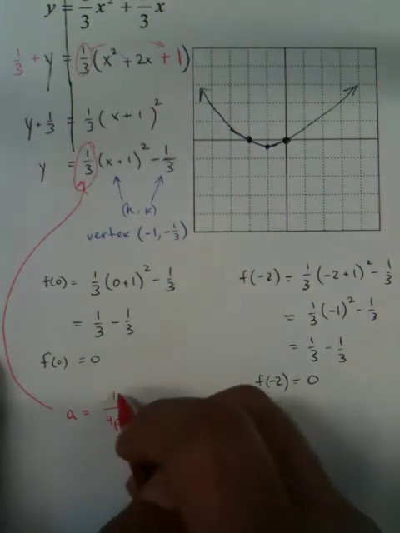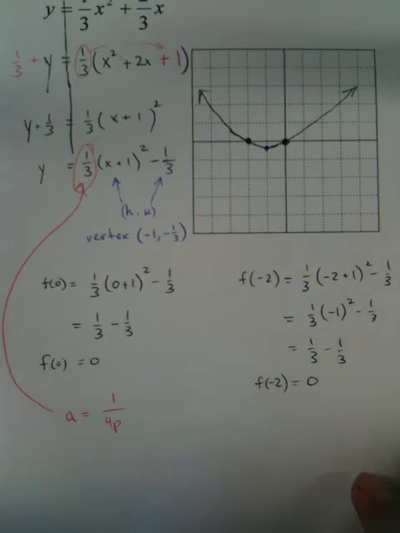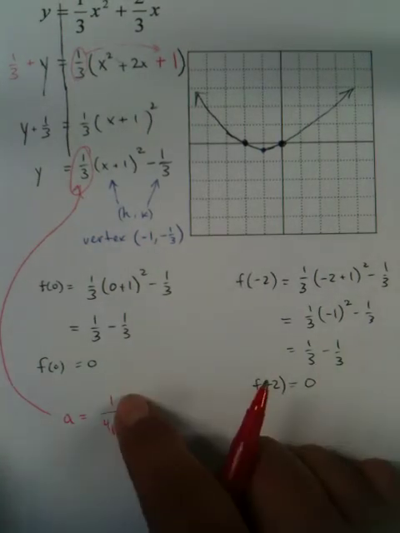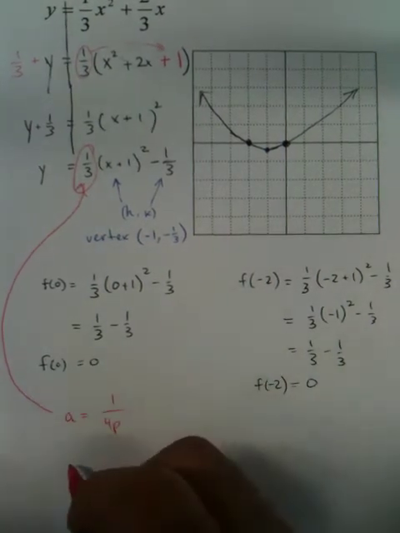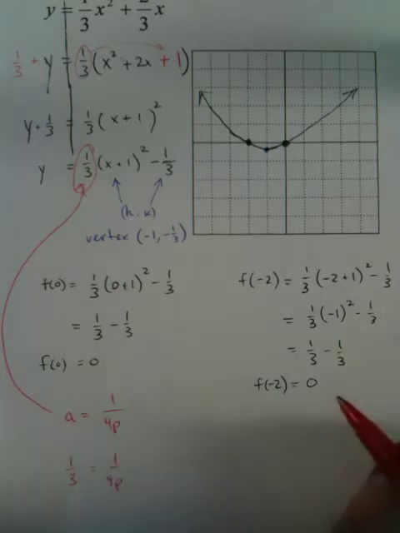So this 1 over 4p, the focus is derived from a distance, so you'd be using the distance formula. I'm not going to show you that, you just have to trust me. So you get 1/3 equals 1 over 4p, considering a is 1/3.